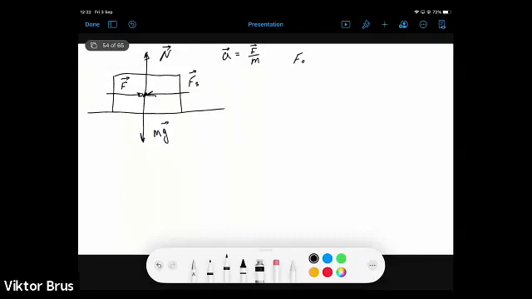So the static force is equal to mu s times N. Mu s is the so-called static friction coefficient.